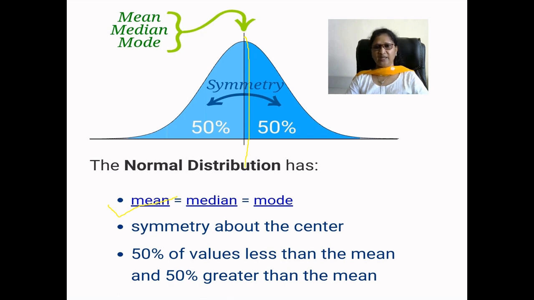That is, central tendency is defined using mean, median and mode, and there is a symmetry about the center. It means 50% of the values lie to the left side of the center and 50% lie to the right side of the center, and this is termed normal distribution.